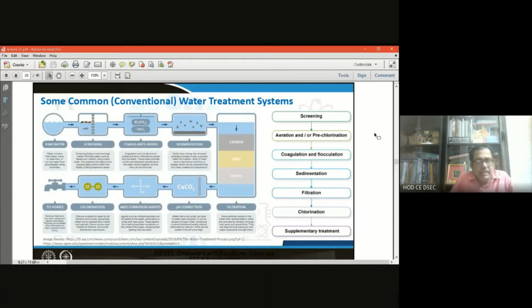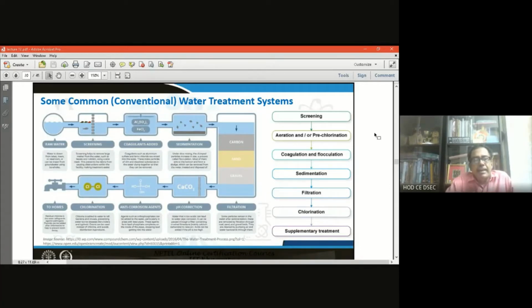When we add this coagulant to the coagulation tank, it mixes with the water, and the colloidal suspended fine negatively charged particles attach to the positively charged coagulant and make a flock, a clump together, so that being heavier, they can settle by gravity.